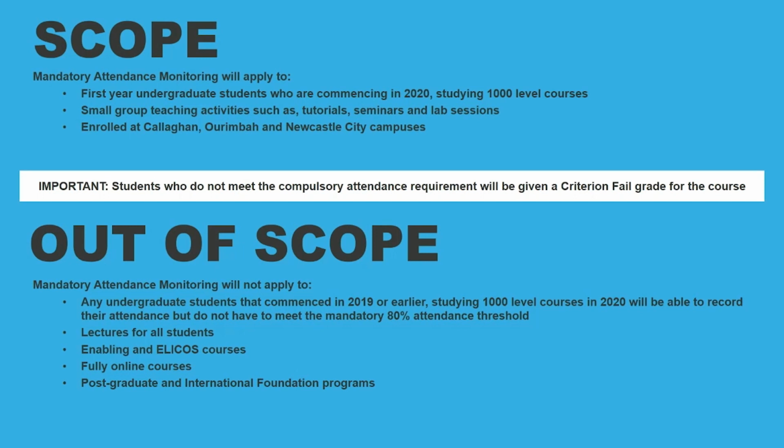It just won't be a requirement for them in terms of being able to pass the course. But as far as the technology is concerned, it's exactly the same. They can check in the same way as a commencing student, and an academic can check them in on their behalf too. Out of scope, as I already mentioned, lectures will be out of scope.